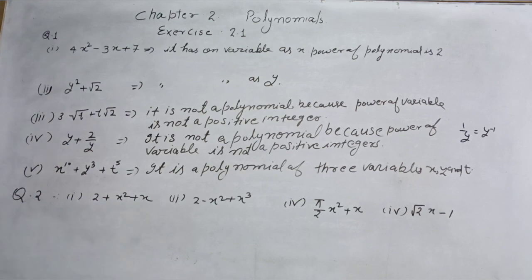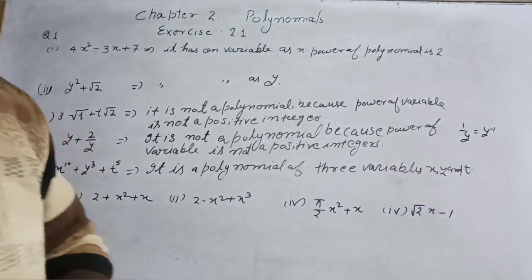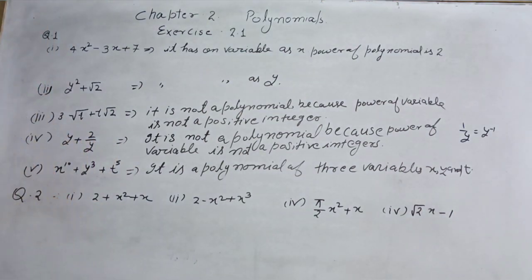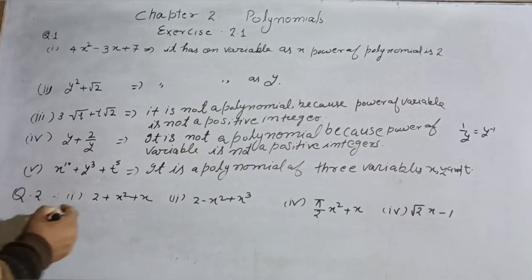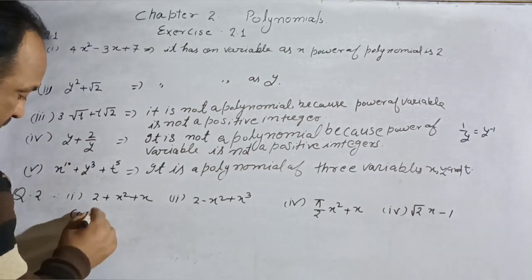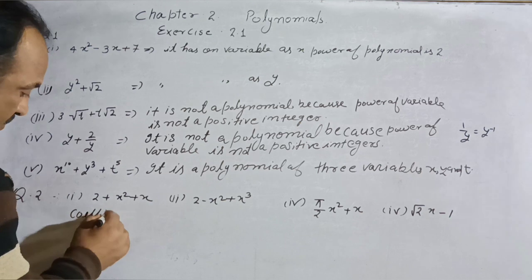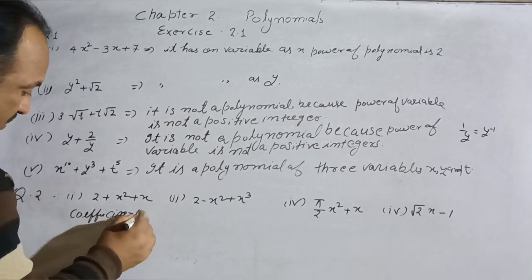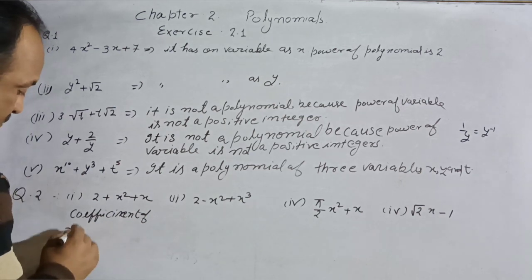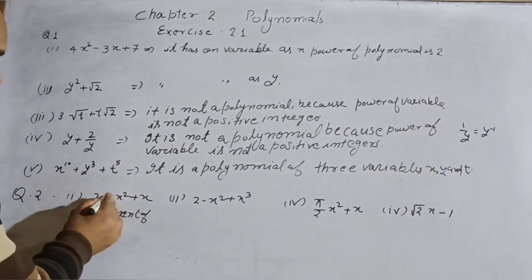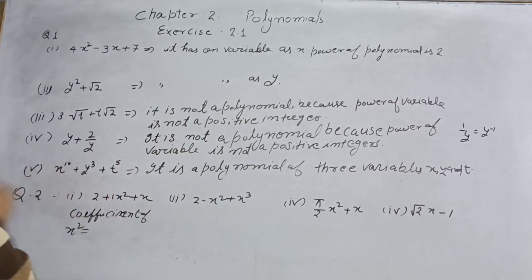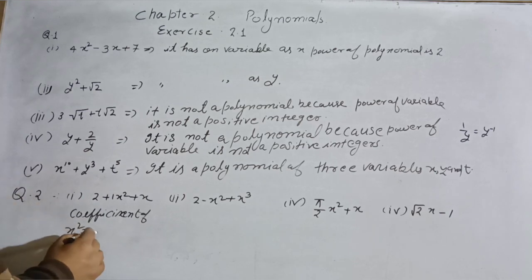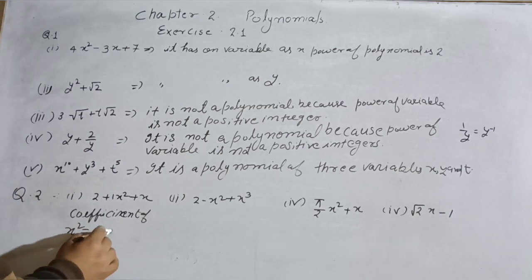Here, write the coefficient of x square. In this, the coefficient of x square is equal to 1. The coefficient of x square is plus 1.